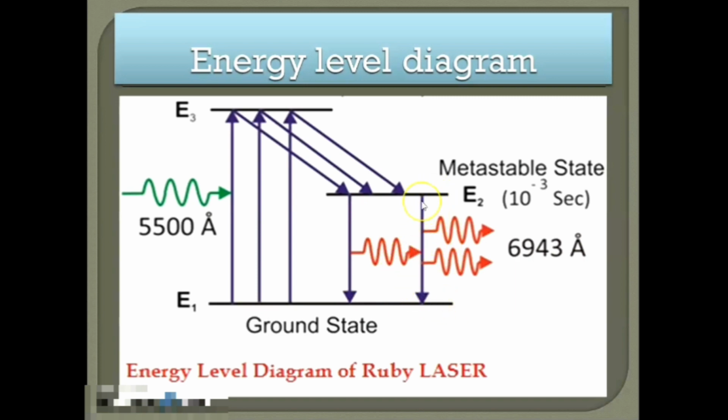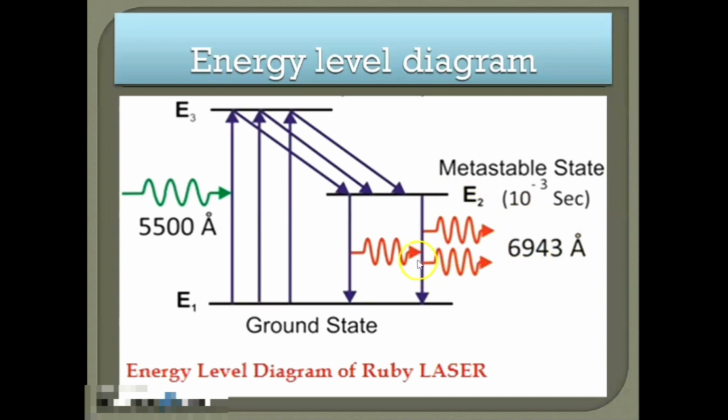As we have already discussed in our previous video, under the effect of a photon, stimulated emission occurs, and chromium ions transit from this level to this level, and two photons of 6943 angstrom are emitted.